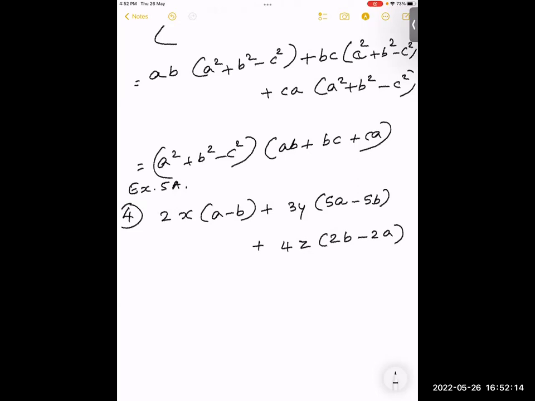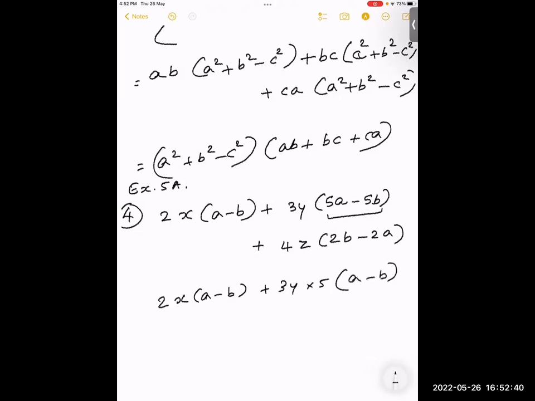Ma'am, can I try? Yeah. Ma'am, will it become a minus b? First you rewrite, because here you see a minus b, but it is in a different style. So rewrite. You take 5 outside. So I'll write a minus b plus 3y into 5 out, the whole a minus b.